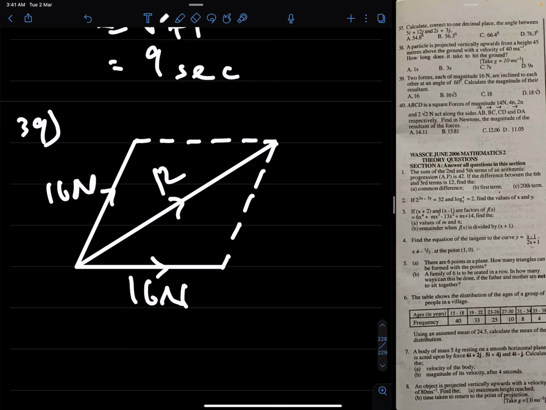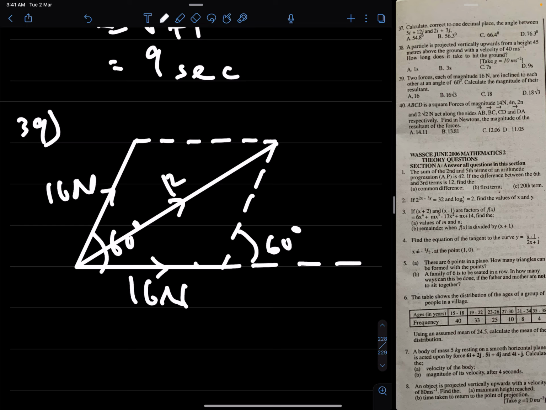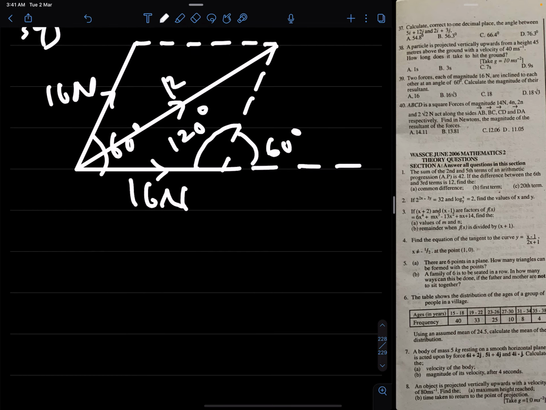So before I go to the resultant, the angle between them is 60 degrees. If that's 60 degrees, this will also be 60 degrees. And this is the resultant. It must be drawn from a common point, so this will be 120 degrees. And then we can easily find the resultant.